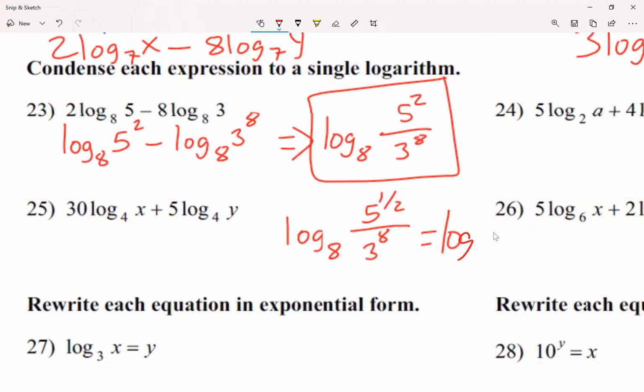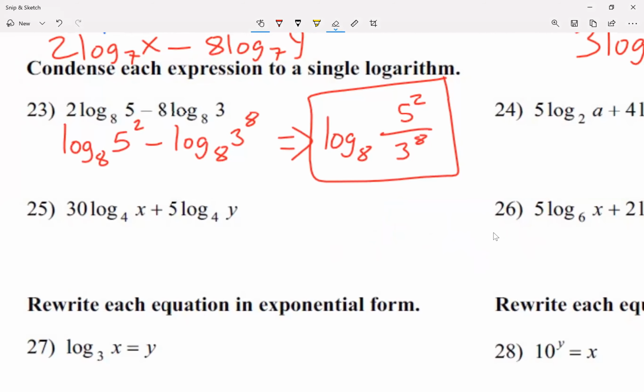So log base 8 of the square root of 5 over 3 to the 8th. And so you guys will run into some of those, right? The exponent will be a fraction, the fraction converted to radical. Remember, the fraction is powered over root.